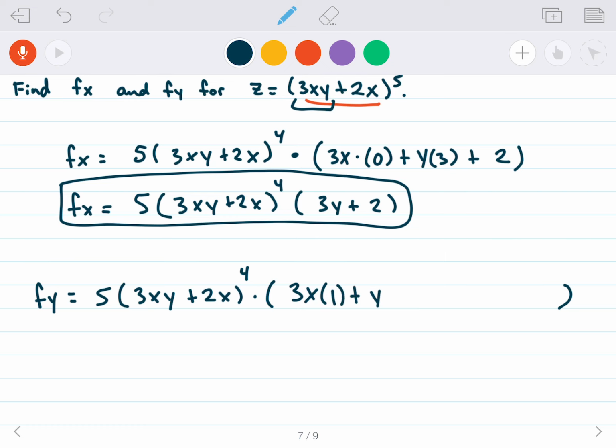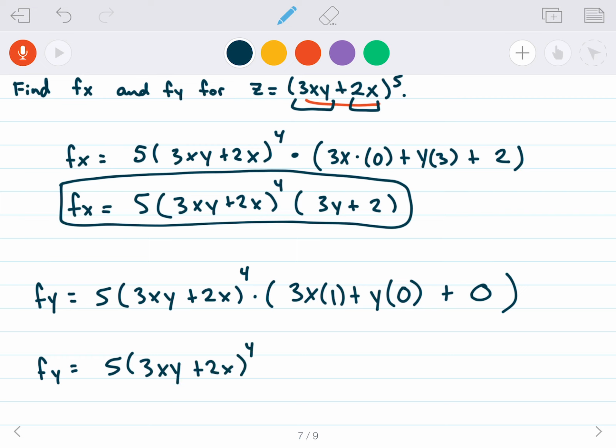Plus, now you keep the second times the derivative of 3x. Well, the derivative of 3x is just 0. Plus the derivative of 2x is 0, because again, we're treating everything with x as if it's a constant. And so our answer here is just going to be 5 times (3xy plus 2x) to the 4th times 3x.